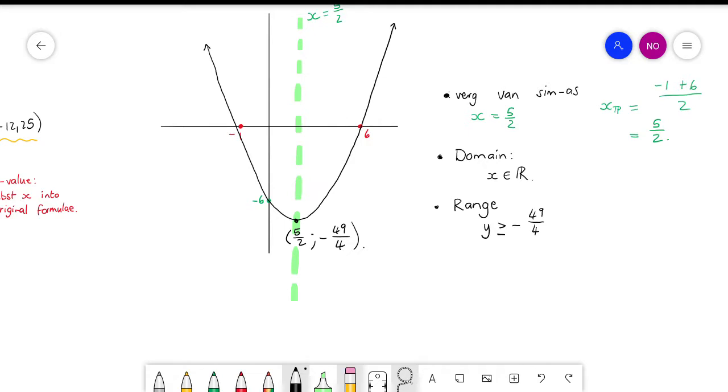Mooi. Almal happy met daai? We get to more difficult questions later, but for now, those are a lot of marks that you have to get. Lekker maklike punte. Okay. Goed.